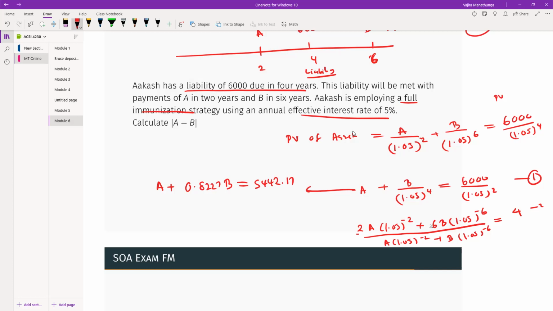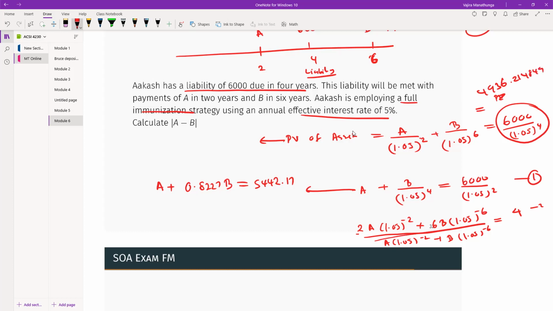Then in here, from this equation, you can see A divided by 1.05 squared and B divided by 1.05 to the 6 equals 6,000 divided by 1.05 to the 4. So that value is what? 6,000 divided by 1.05 to the 4 is 4,936.214849.